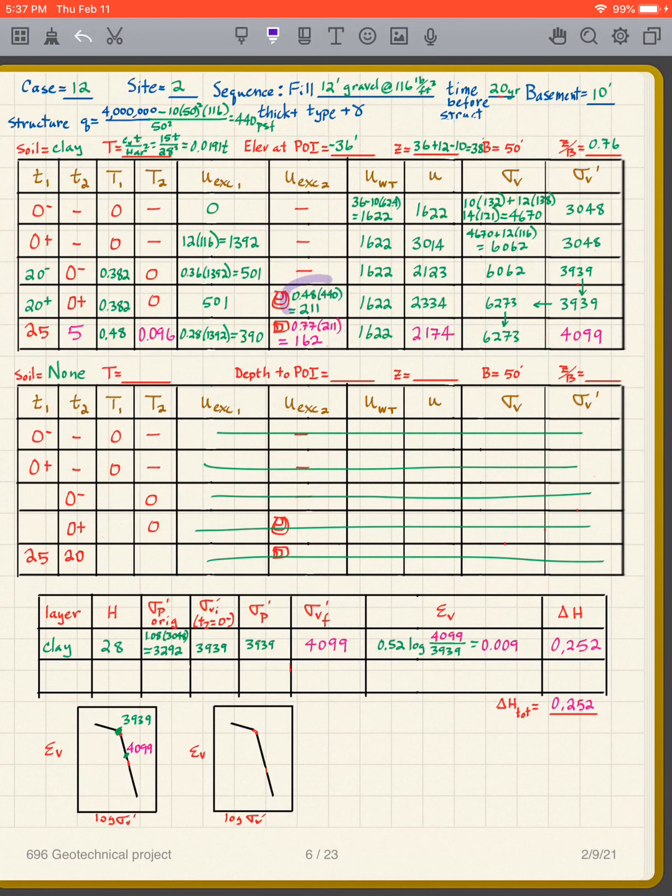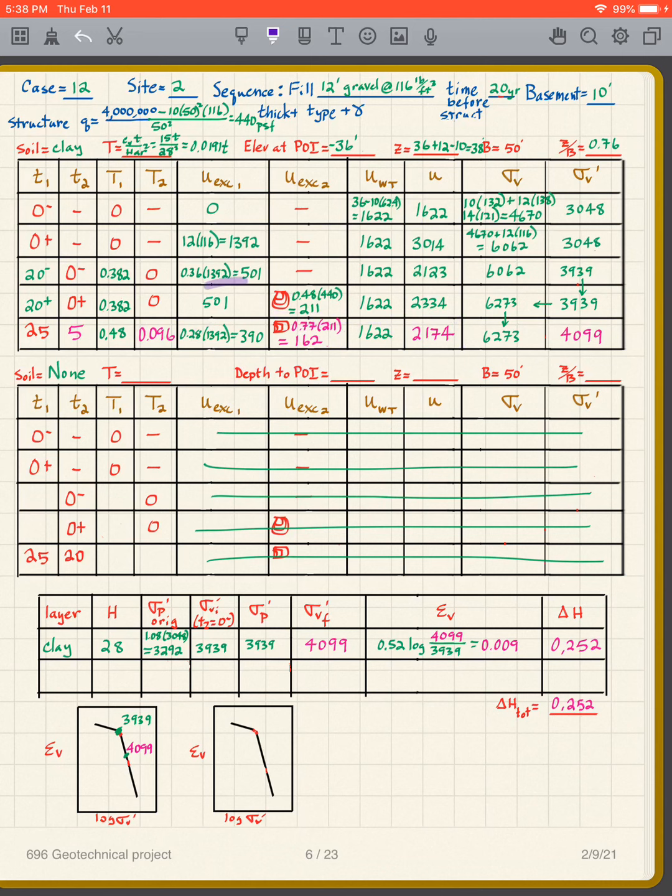That gives me 211, that's my t equals 0 plus. And then, like I said, this T gives me 0.77. Then I use the 211, so it's 0.77 times 211 that gives me the UXS2. And U water table, you can all get that. I then sum all of these to get my U.